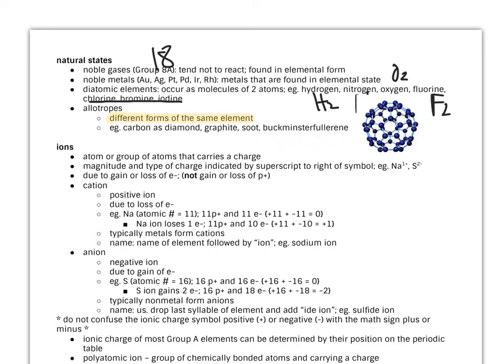And that's probably the most unique one. And it looks like this. So its formula, I guess you could say, is C60. So in this molecule, it has 60 carbons that are bound together, basically to look like a soccer ball.